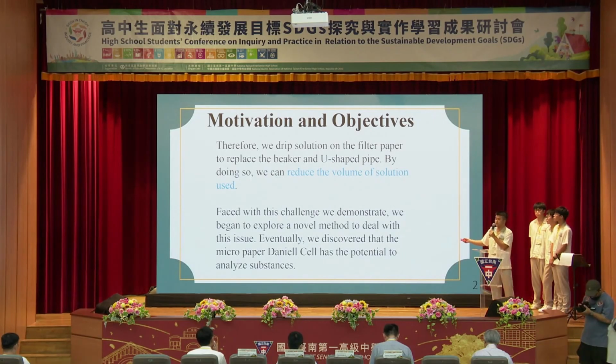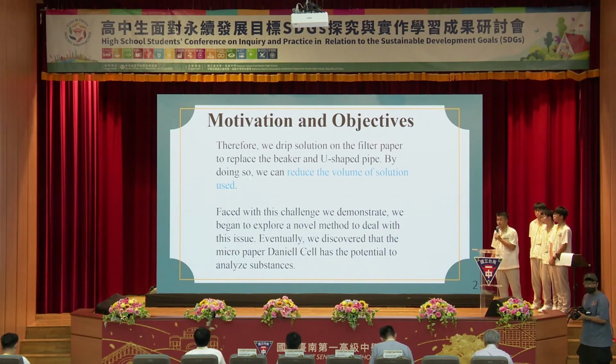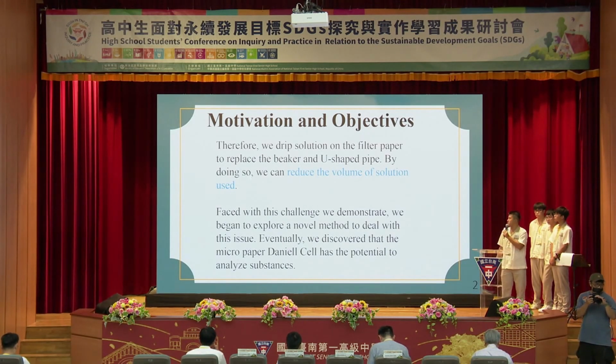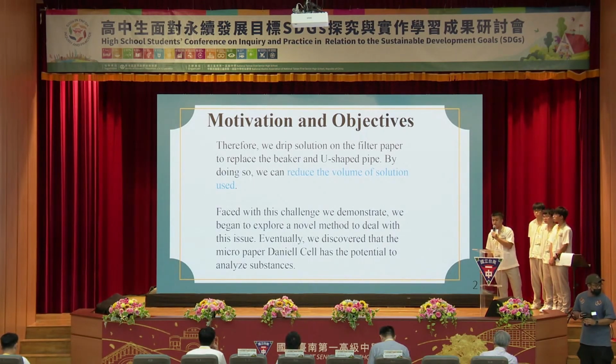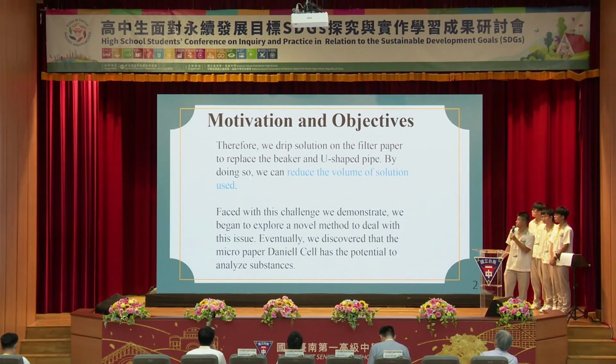Therefore, we drip solution on the filter paper to replace the beaker and U-shaped pipe. By doing so, we can reduce the volume of solution. To deal with this challenge, we try to discover a new kind of Daniell cell, which is called micropaper Daniell cell.